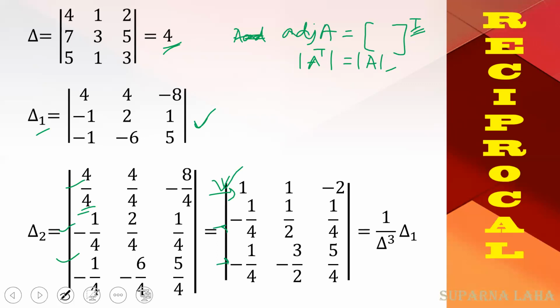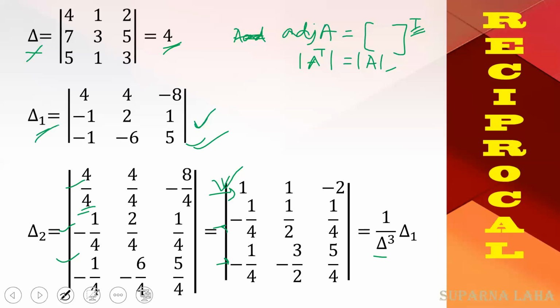That means 1 by the first determinant, that is delta cube, into determinant 1, that is this adjoint. Now the relation between this reciprocal and the determinant and this adjoint.